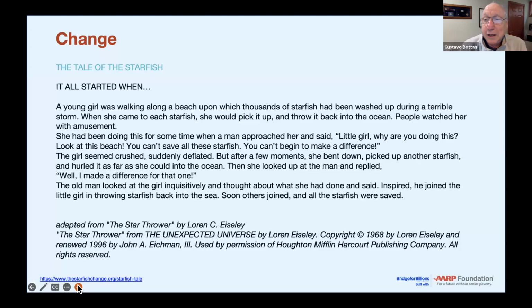And the best way that helps me is reminding myself of this tale of the starfish, the little girl on the beach where thousands of starfish are dying, and she goes and starts throwing them one by one into the ocean. And someone, eventually an adult, it couldn't be a child, but an adult with our way of thinking, goes and asks the girl, "But what are you doing? You know, there's so many, you're not making a difference." And the girl answers, "Yes, but I'm making a difference to this one."